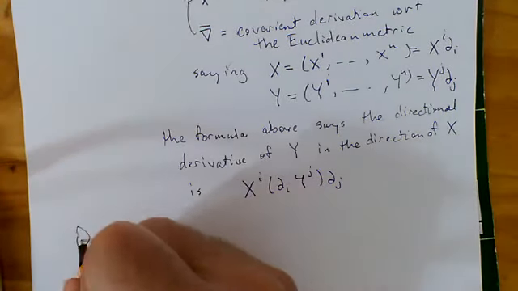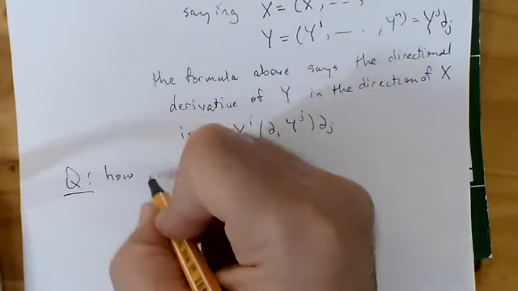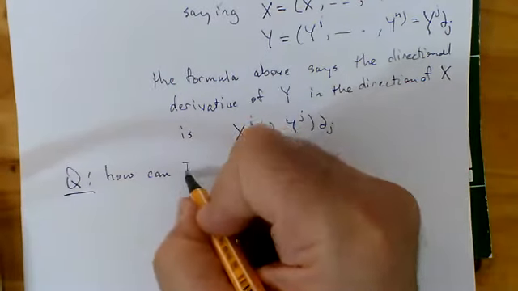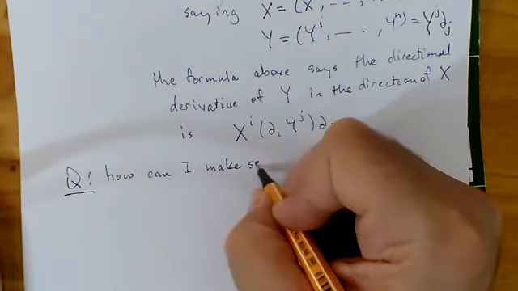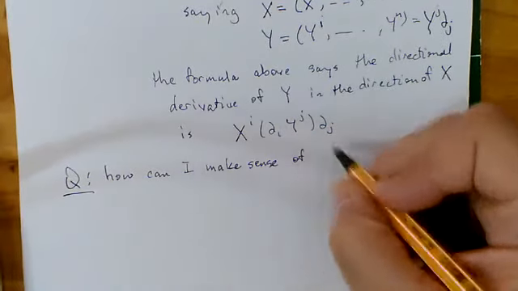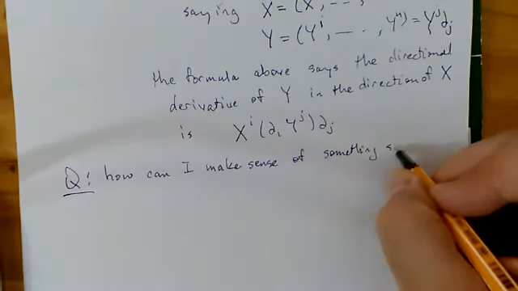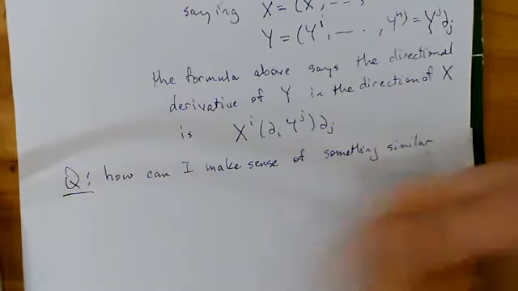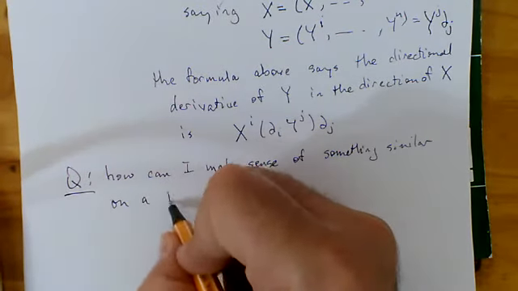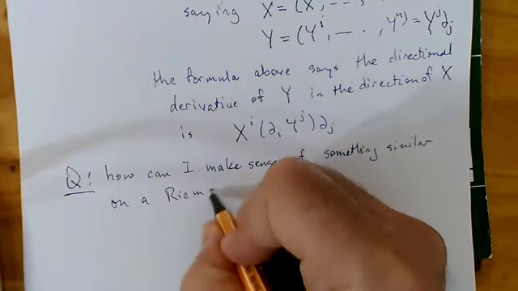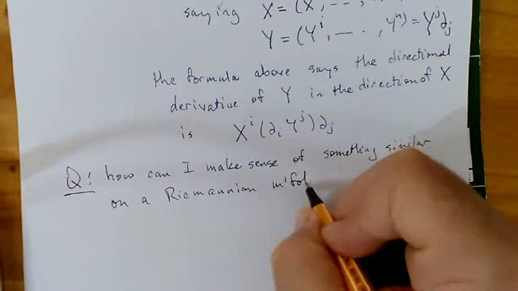So now the question is, how can I make sense of something similar on a Riemannian manifold?